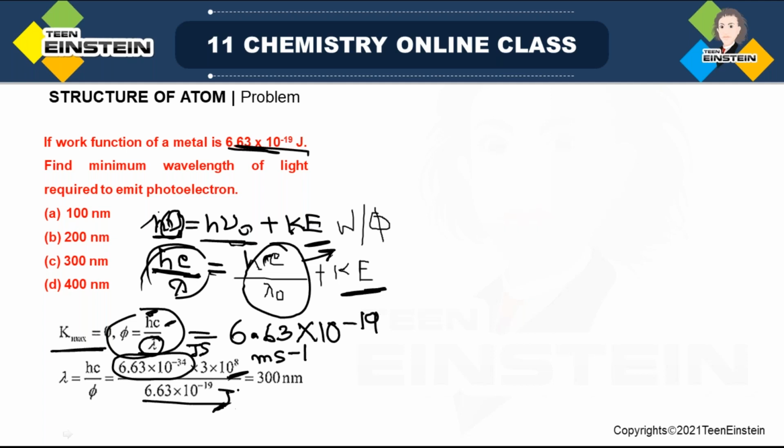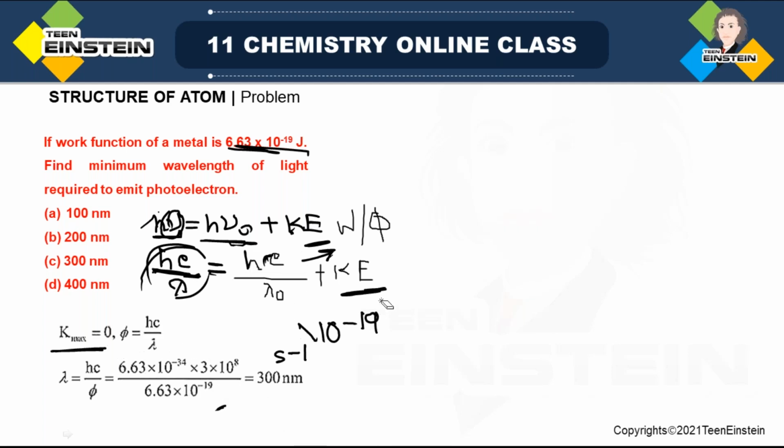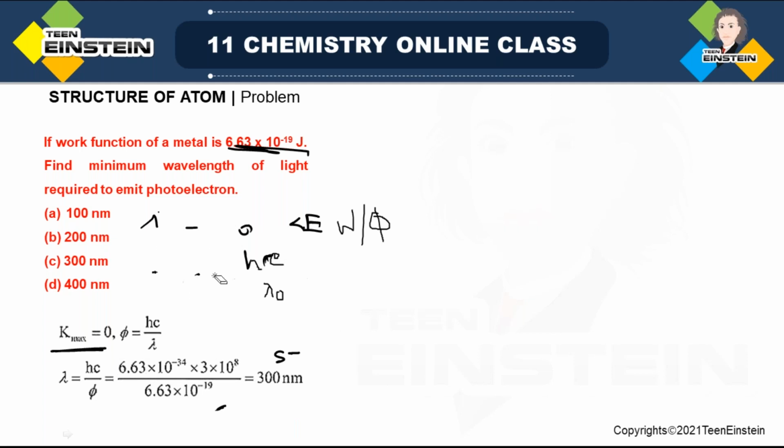So joule will be cancelled. Second and second inverse will be cancelled. So ultimately the value that you will get will be in meter, but we have to express it in terms of nanometer. So whatever you get, you have to convert it to nanometer. So see here what we are getting, 6.63, these two will be cancelled.